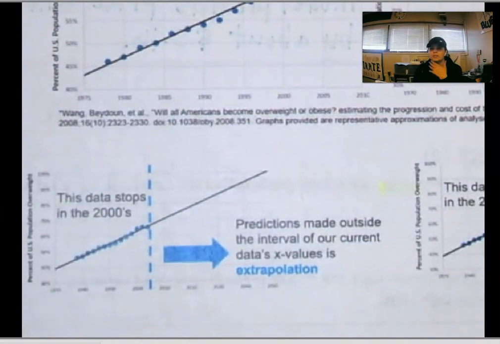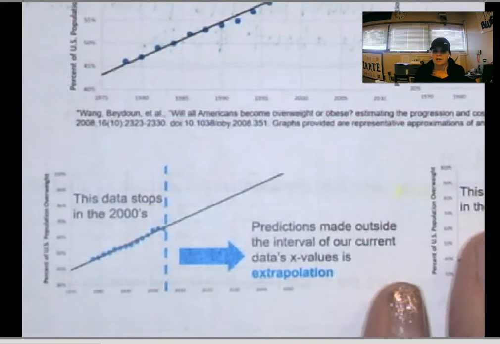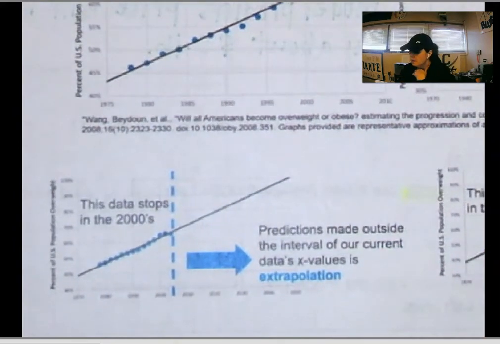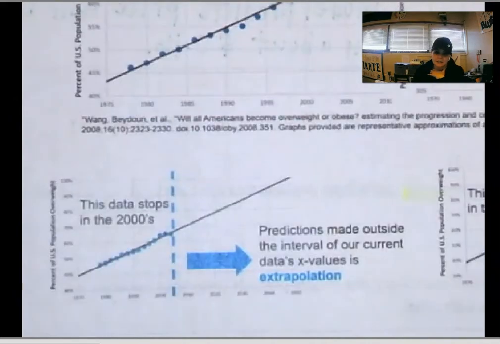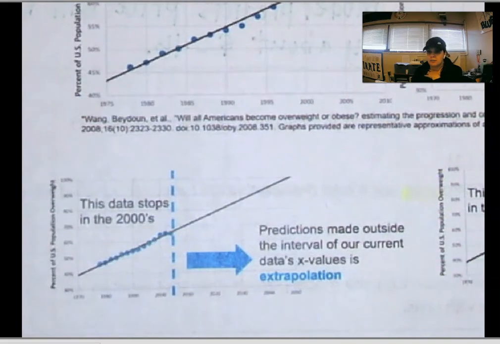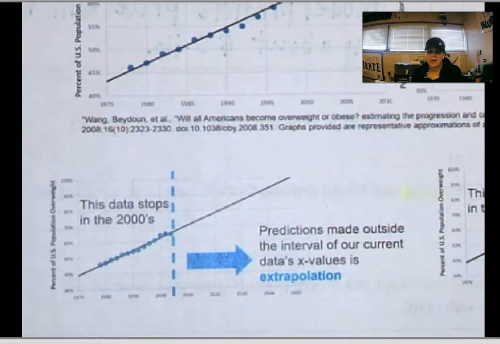So we're predicting something that is outside of what we actually have data for. I'm going to say that one more time. We're predicting a value for a year that we do not have data for. We only have data up until about 2004, but we're going to make a prediction for the year 2048. That's not a good idea.